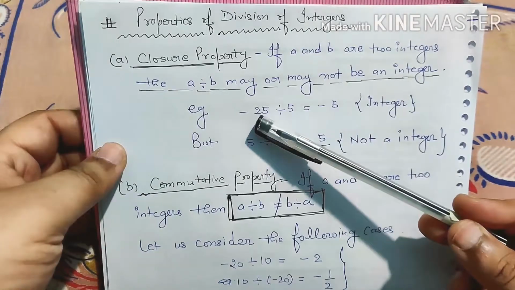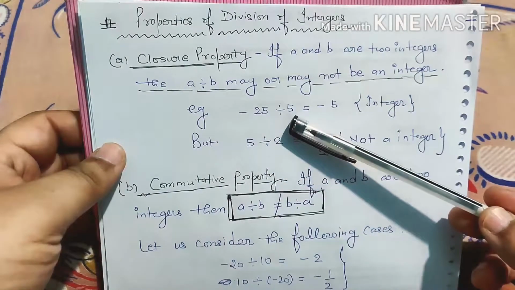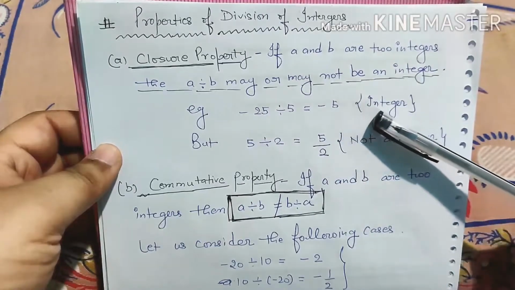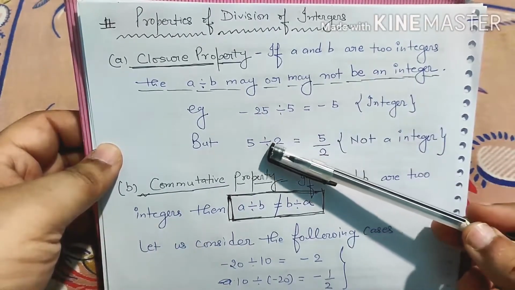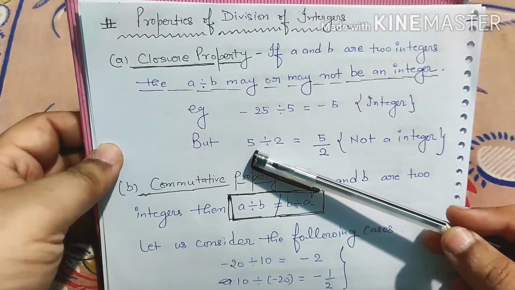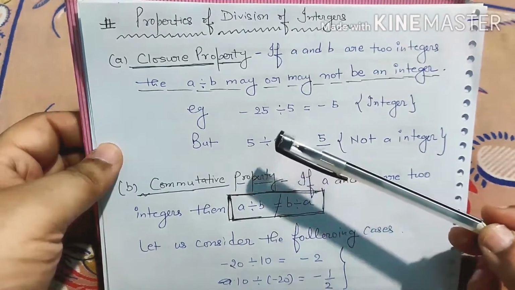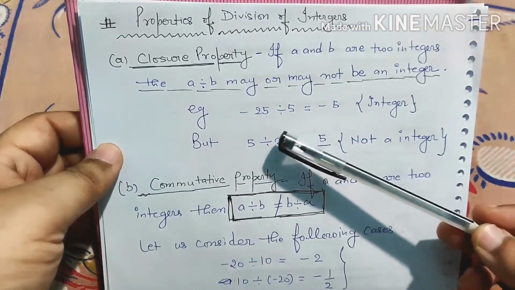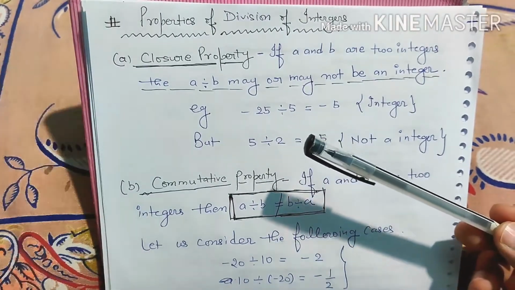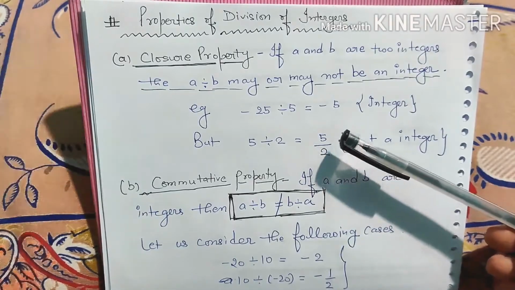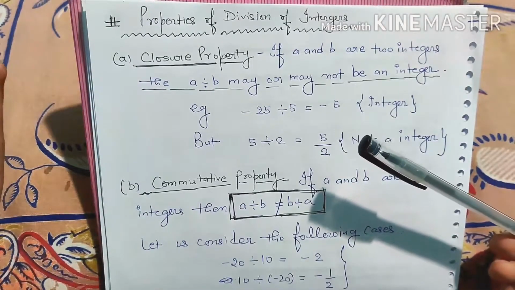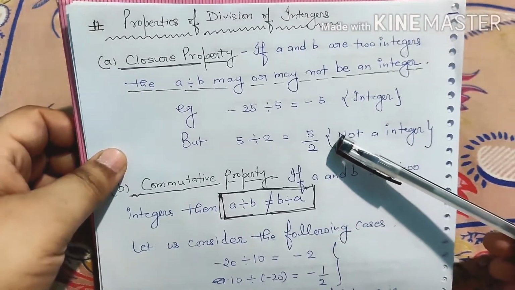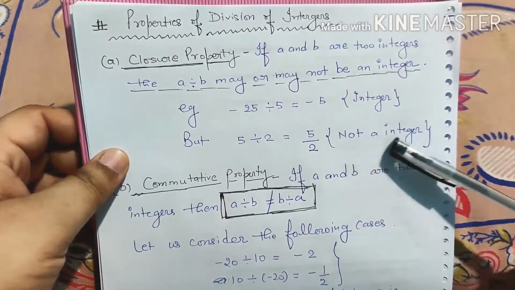For example, minus 25 divided by 5 gives minus 5, which is an integer. And if 5 is divided by 2, 2 can't divide 5 because in 2's table 5 is not there, so the answer must be a fraction or a decimal. Fractions and decimals are not integers, so 5 upon 2 is not an integer.